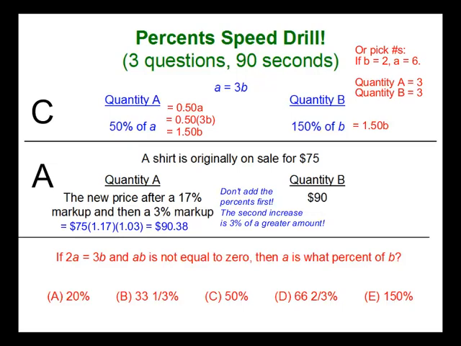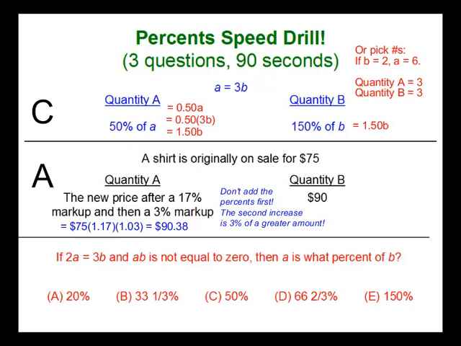Okay, so A is the answer. Now, if you knew this whole trick about not adding the percents, you might cheat off the easy quantity and say, well, 90% is 20% more than 75. What we have is two markups that seem to add to 20%, but I know that that 3% markup is going to be bigger than 3% of the original. So A is greater. Just another way to go there.